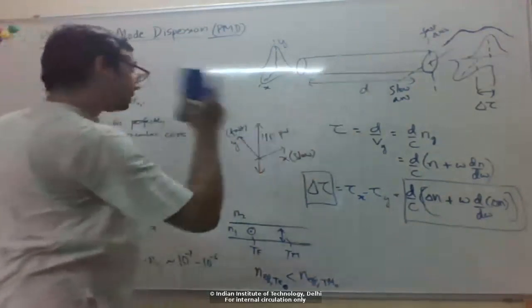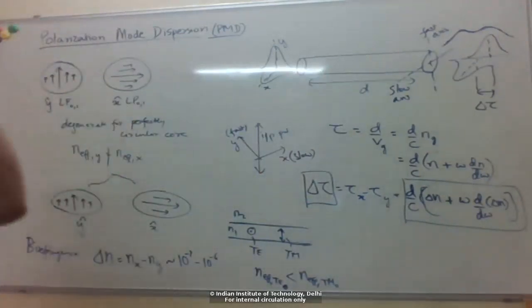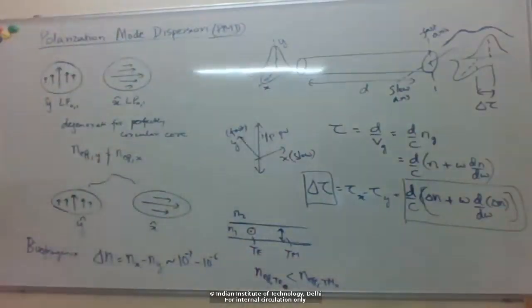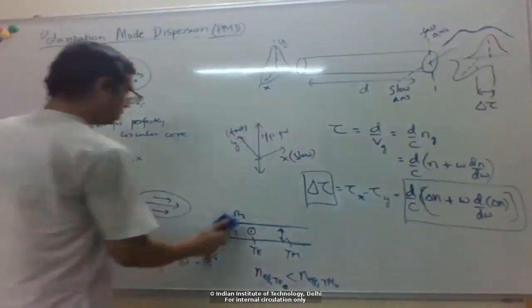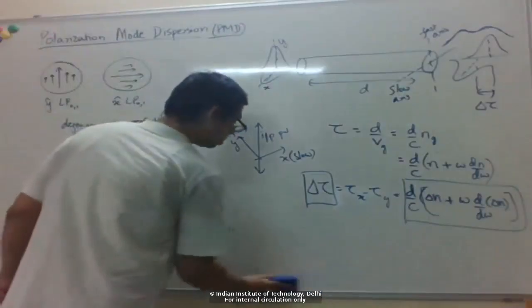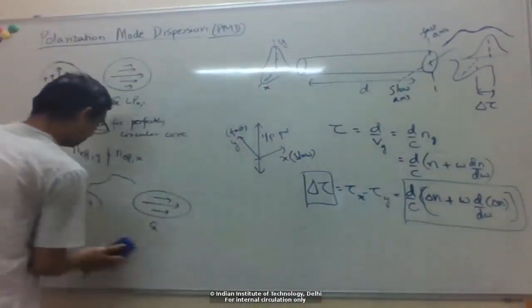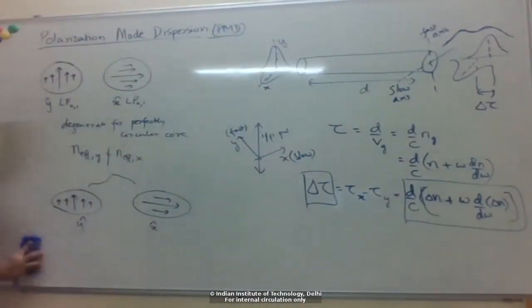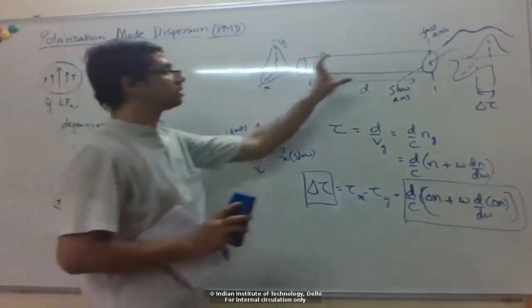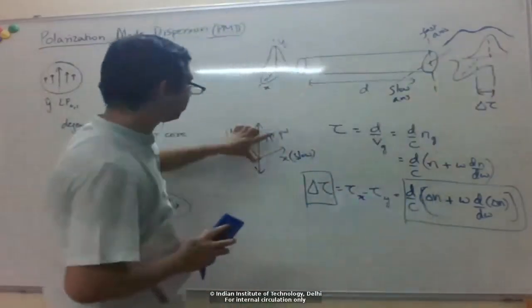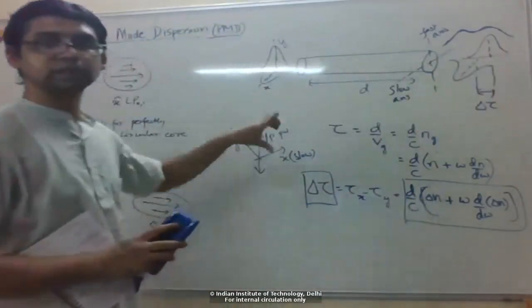Right. So this analysis is for a small segment of fixed birefringence. Over a long length of fiber, we have to add up the effects of many such segments, where each segment has a different slow and fast axis direction.